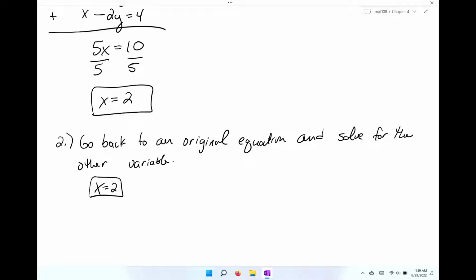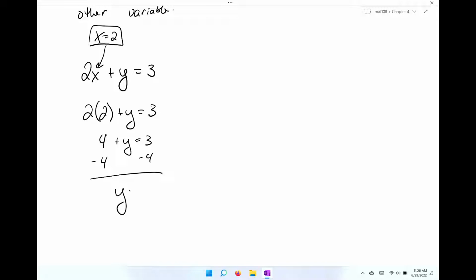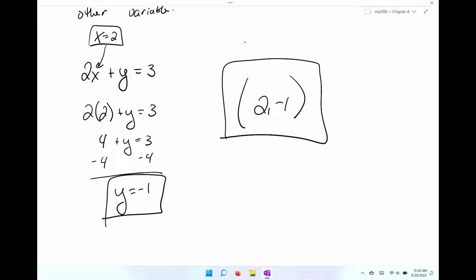What we need to do is find out what y is. So I'm going to use equation 1, which is 2x plus y equals 3, and I'm just going to substitute in x equals 2 and solve for y. So I get 4 plus y equals 3. Subtract 4 from both sides to give me y equals negative 1. And once again, we come up with the same exact solution.